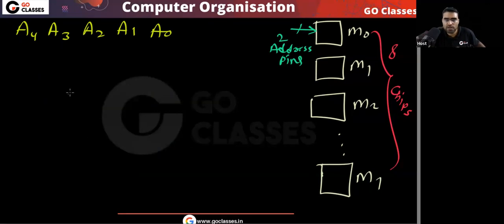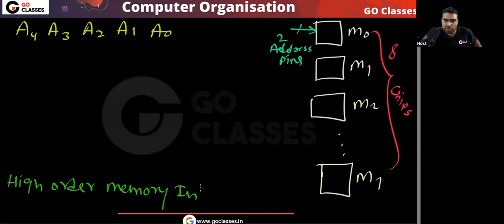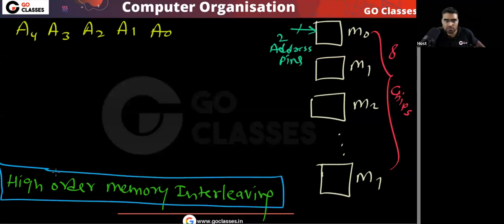Now tell me, what is high order memory interleaving? What is that concept? In this high order memory interleaving, what do we do? We use the high order bits of the address to select the memory chip.